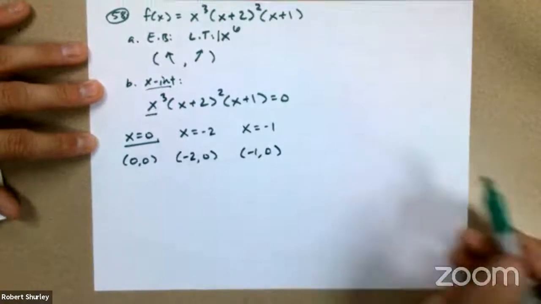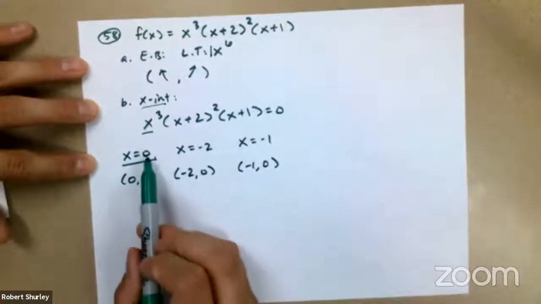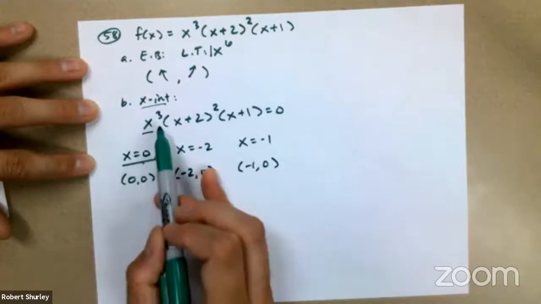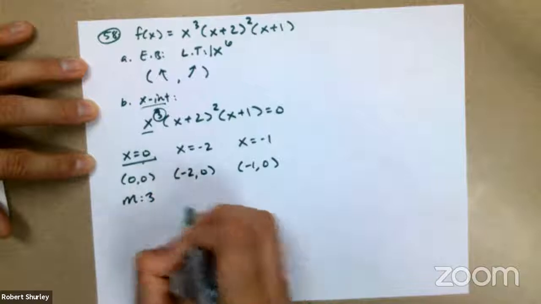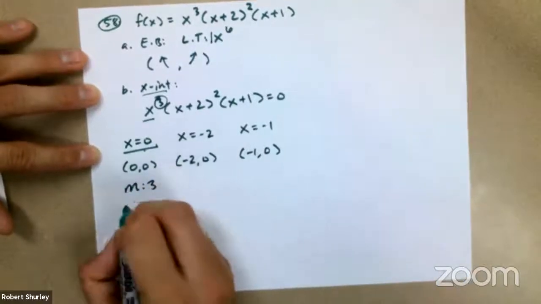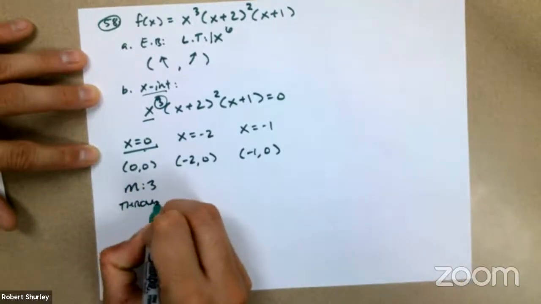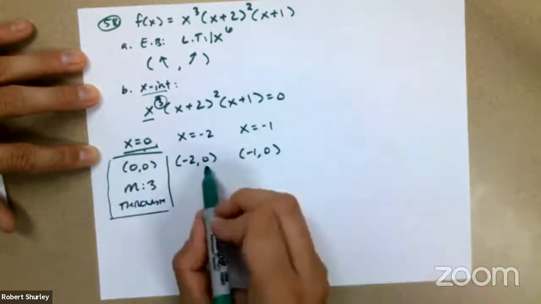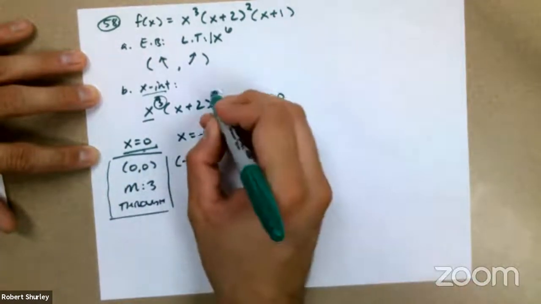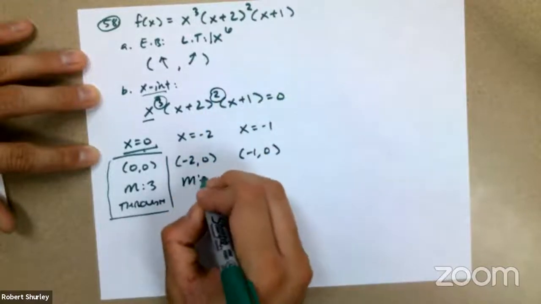This would be the coordinate form for the x-intercepts. Now let's go back though. Look, x equals 0 happened 3 times. So its multiplicity is 3. That means it's going to go through. Box that all in together. X equals -2 happens twice. That means we're going to bounce. So it's got a multiplicity of 2.